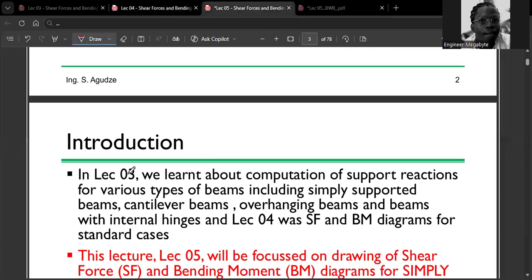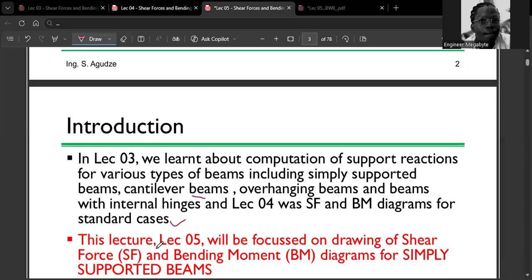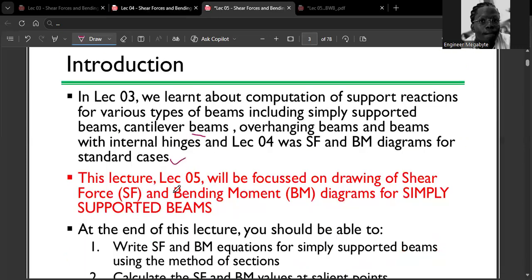In lecture 3, we learned about computation of support reactions for various types of beams, including simply supported beams, cantilever beams, and overhanging beams with internal hinges, and lecture 4 was shear force and bending moment diagram for standard cases. This lecture, lecture 5, will be focused on drawing the shear force and bending moment diagram for simply supported beams.